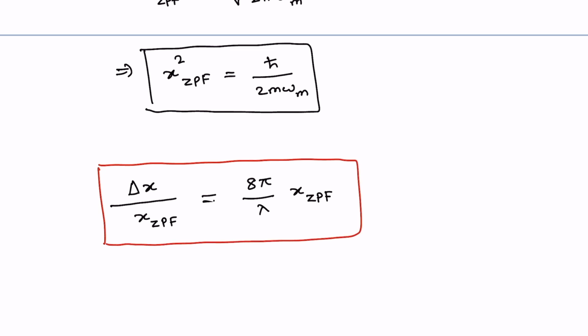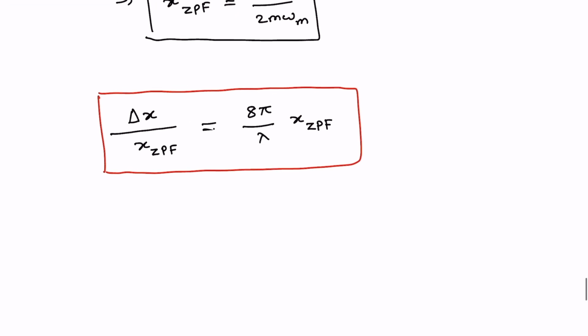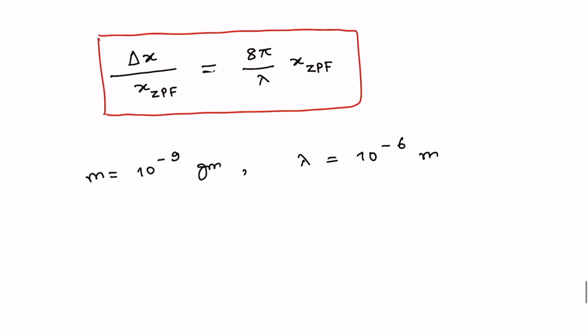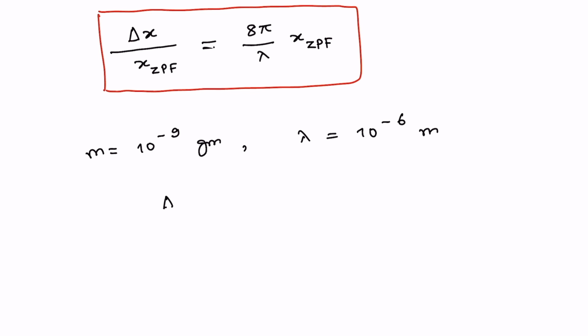Now if we are given that in our case the mass of the mirror m is 10 to the power minus 9 gram, and lambda is 10 to the power minus 6 meter. If I put all these things in the formula, then you will get delta x, the ratio of the displacement of the mirror with respect to this zero point fluctuation, x zpf, would turn out to be 10 to the power minus 6.